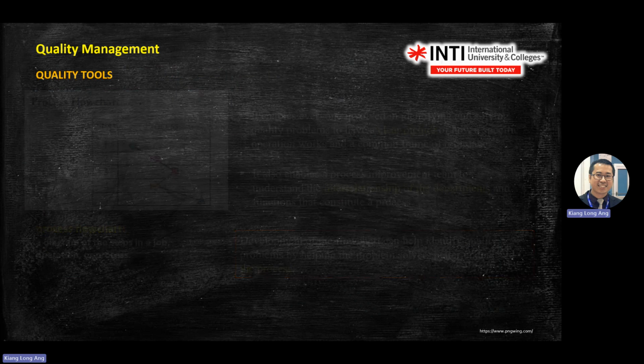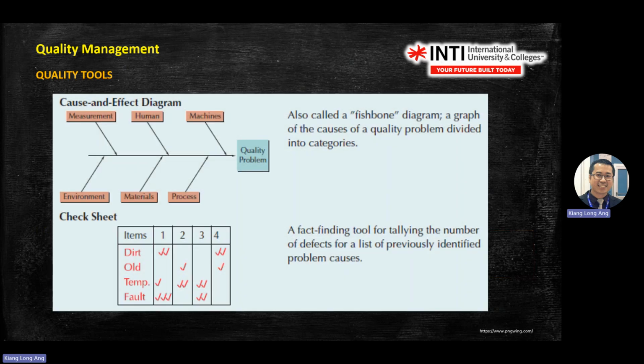So process flowchart. Cause and effect diagram or fishbone diagram. Right? Fishbone diagram means you identify what are the causes of the problems. There are steps of establishing this fishbone process or cause and effect diagram.